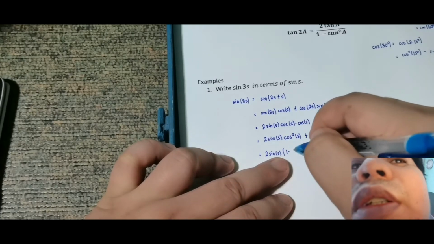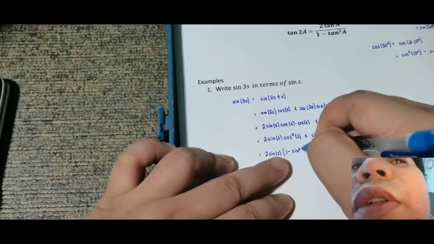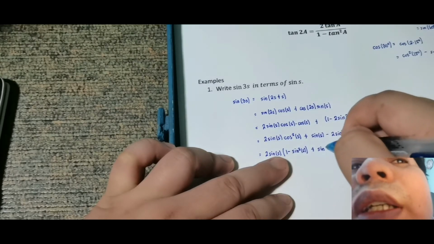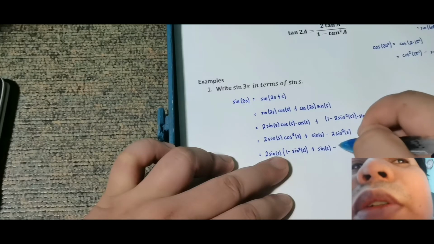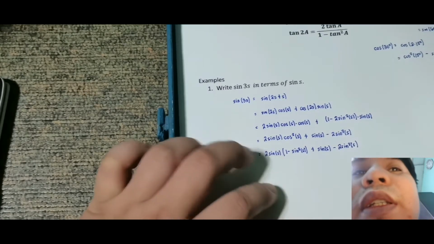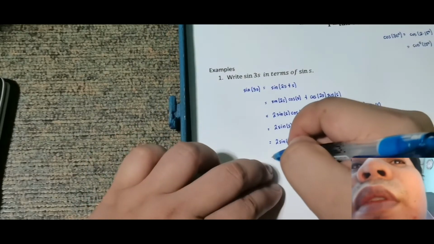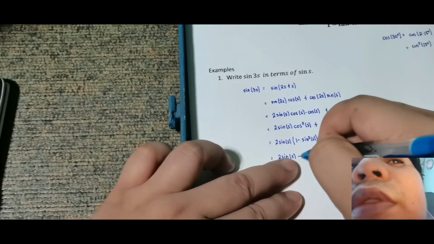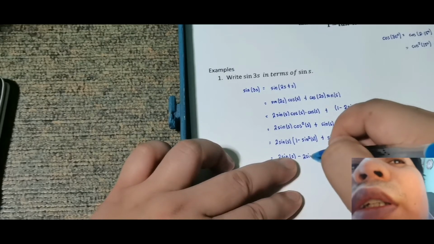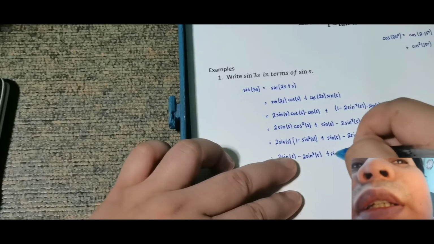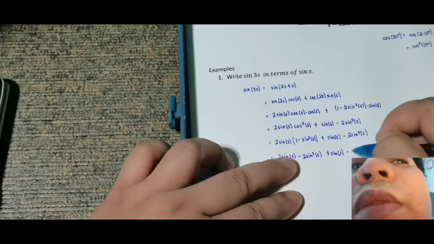So that is 2 sine s multiplied by 1 minus sine squared of s, then plus sine s minus 2 sine cube of s. Then distribute natin to. This is equal to 2 sine s minus 2 sine cube of s, then plus sine s minus 2 sine cube of s.